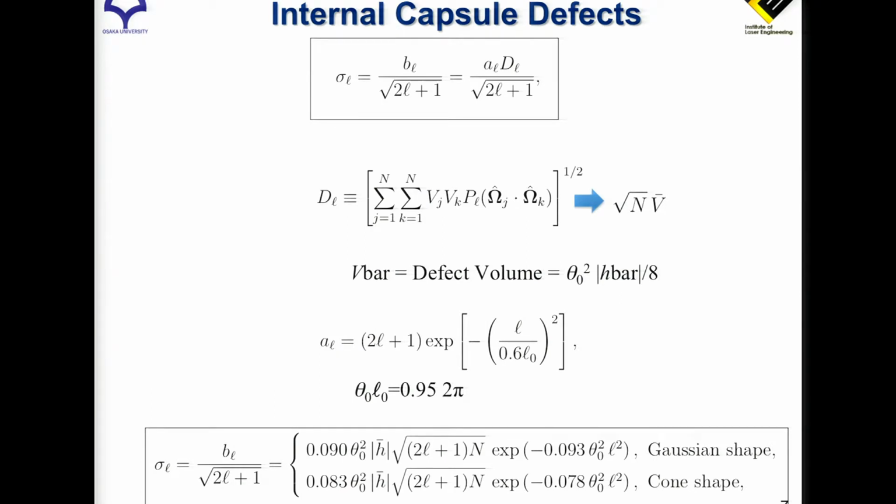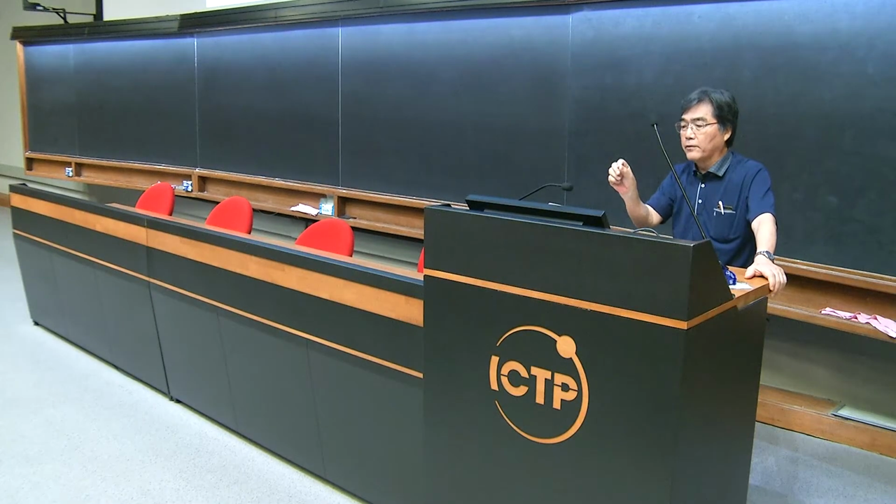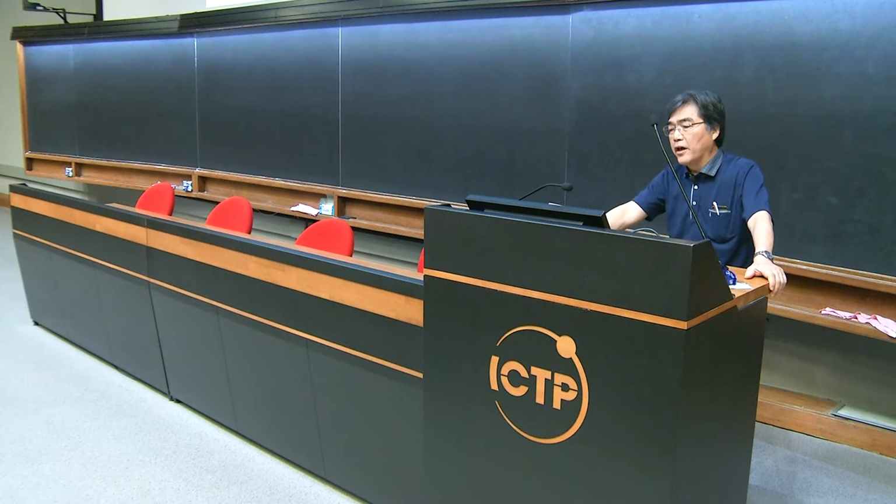I don't want to go into great detail, but it's very simple mathematics. The sigma L is a mode amplitude, and that is combined from the single defect mode amplitude AL times DL.